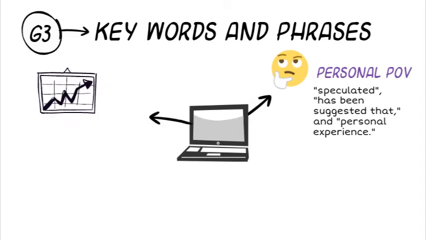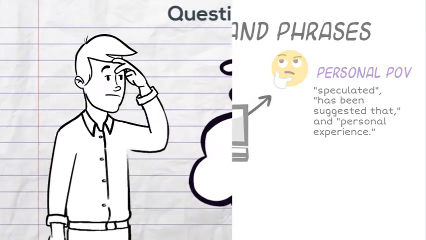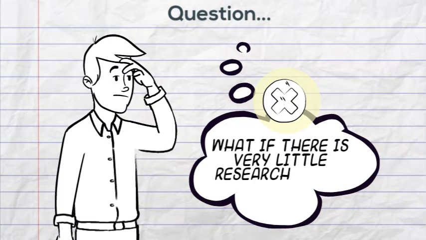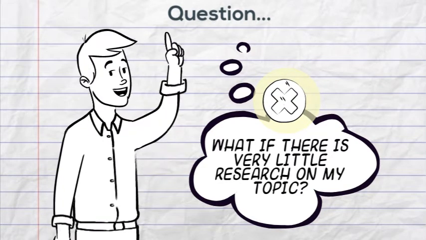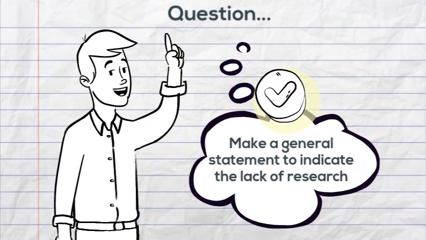These are different from statements introducing research-based findings, such as these examples here. Quick question. What if there's very little research on a topic? If this is the case, consider making a general statement to indicate the lack of research.